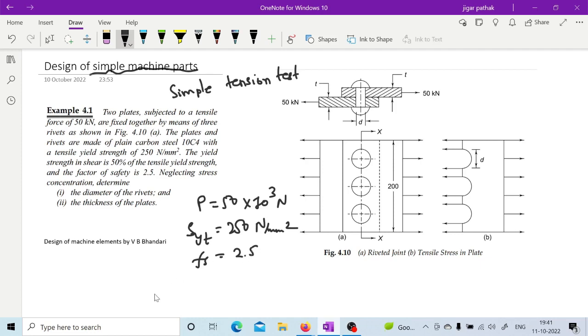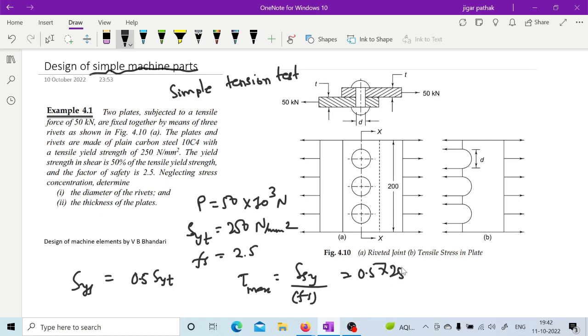And one more thing is mentioned: the yield strength in shear is 0.5 times the yield strength in tension. So from this, maximum tau can be SSY upon factor of safety, right? So now this 0.5 into SYT means this 0.5.